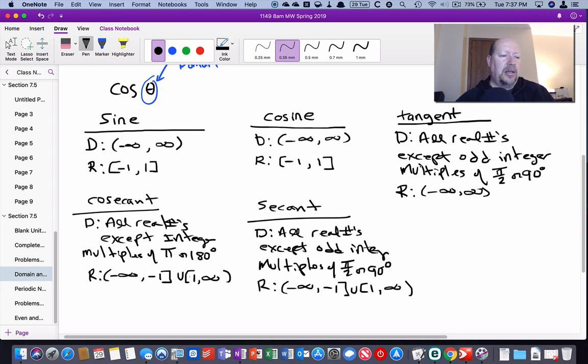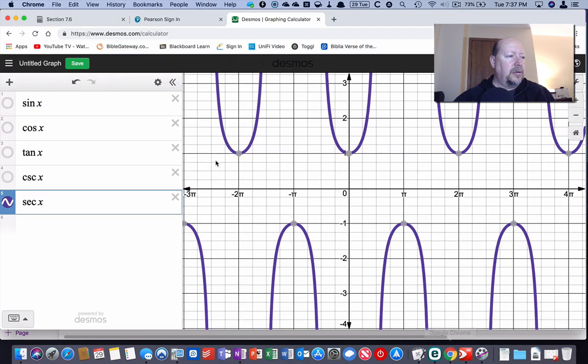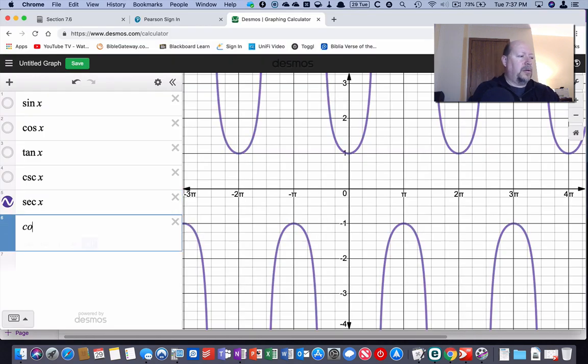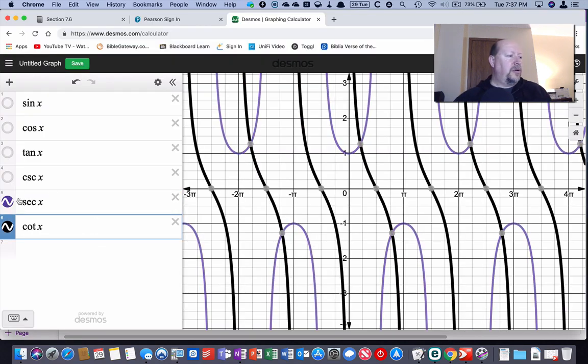So we've got the cotangent. Okay. And so with this, we'll do the graph again. Okay, so turn off the secant.